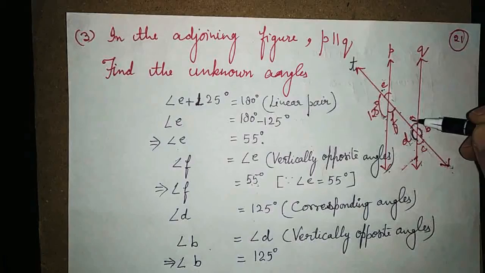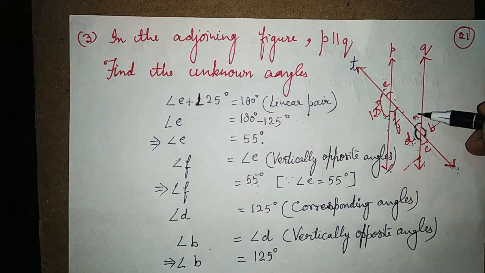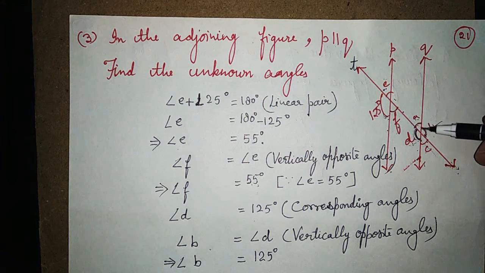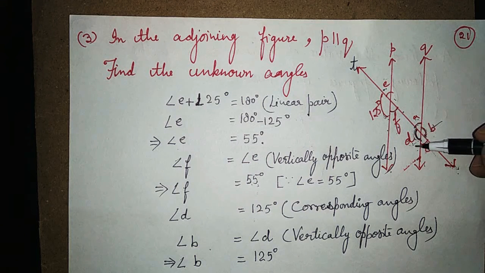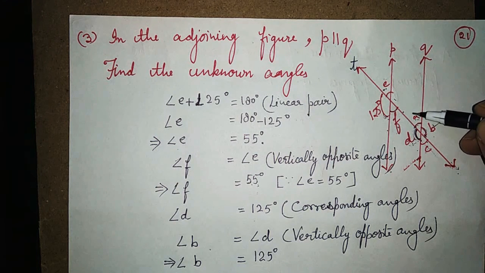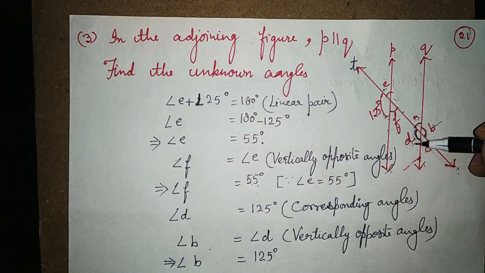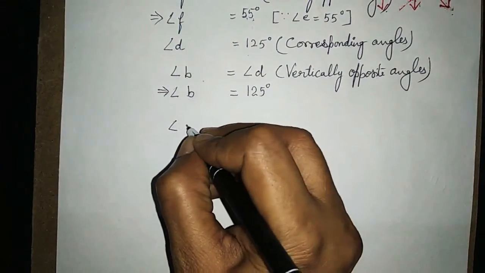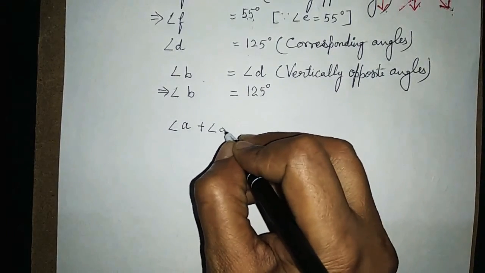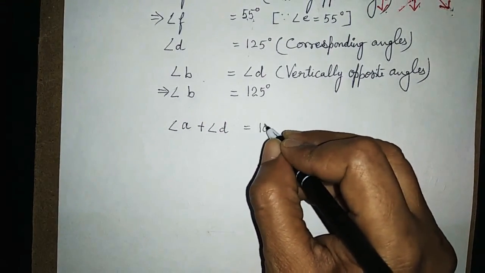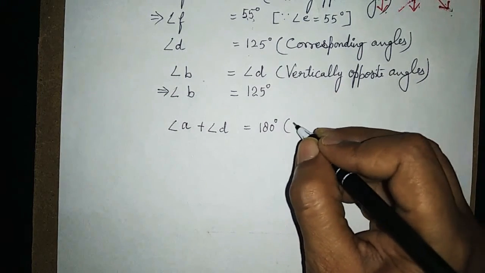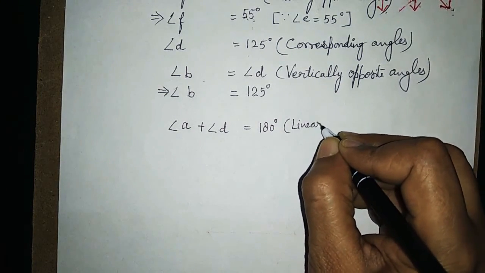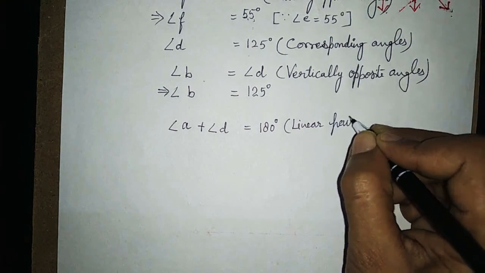So angle A plus angle D is equal to 180 degree. We will use this property to find the measure of unknown angle A. D we have already calculated. Now angle A plus angle D is equal to 180 degree, because they are forming a linear pair.